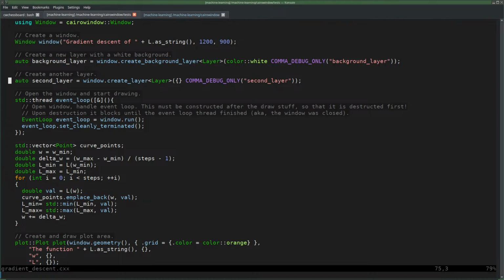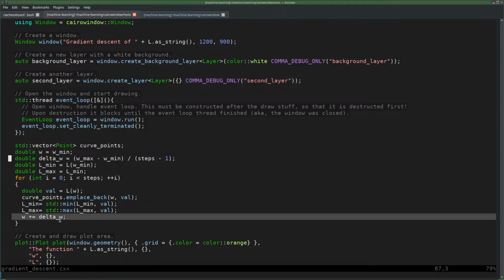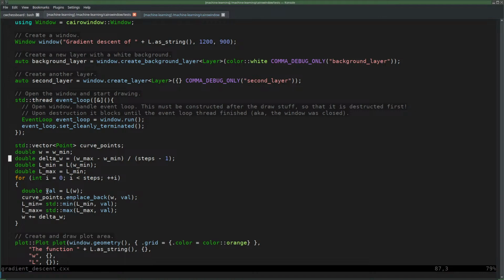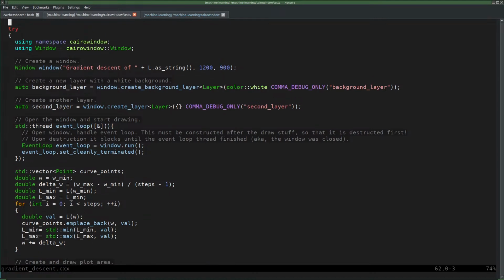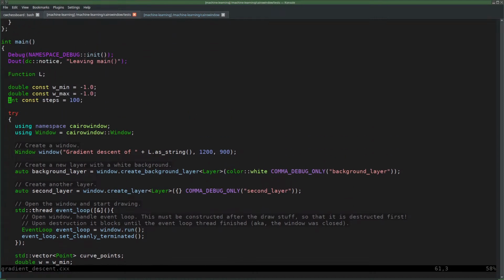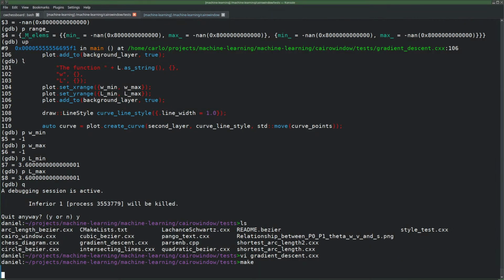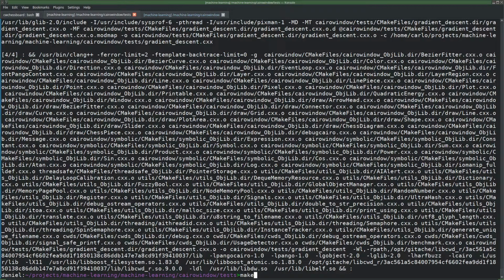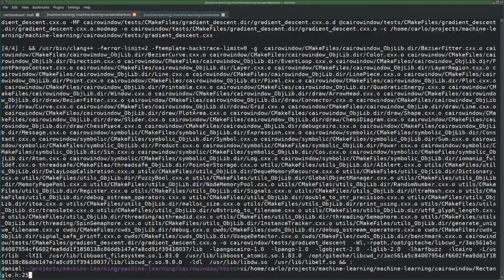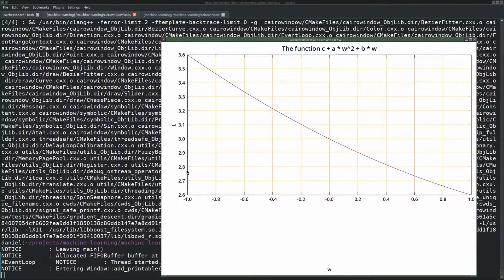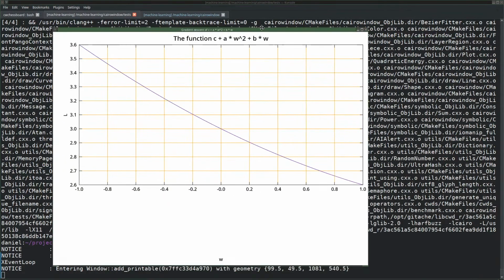No, even W max was set to... Oh, if W max is set equal to W min, then delta is not changing. And therefore W is not changing, so vel is not changing. Yeah, that explains everything. The problem is W max, and I set it to -1. I want to shoot myself. Cool.